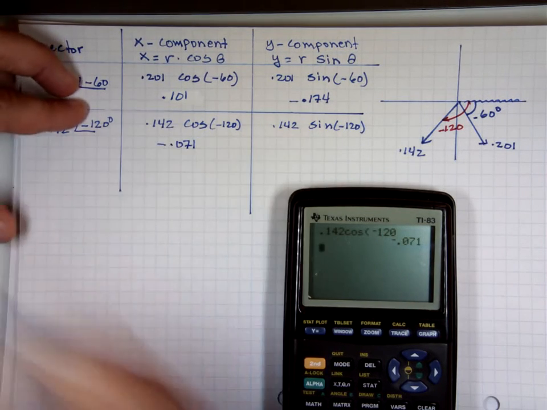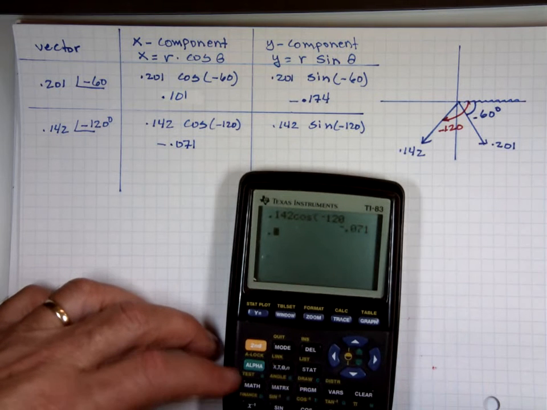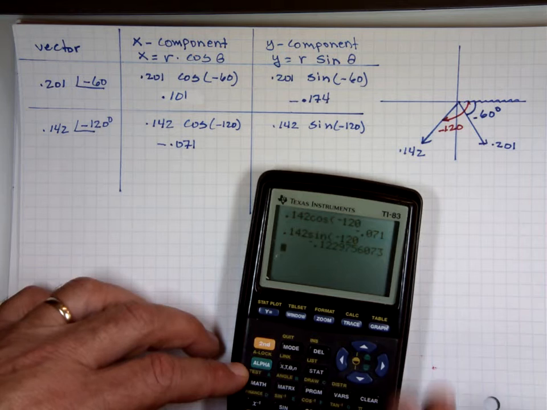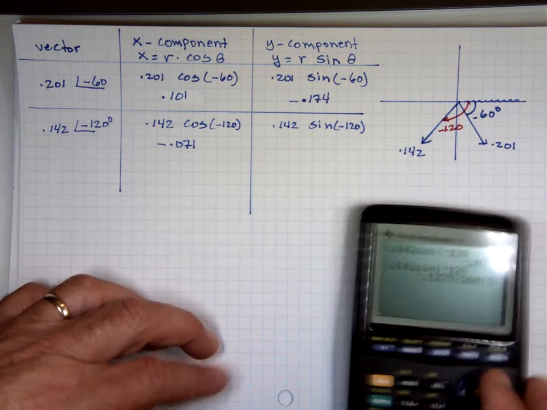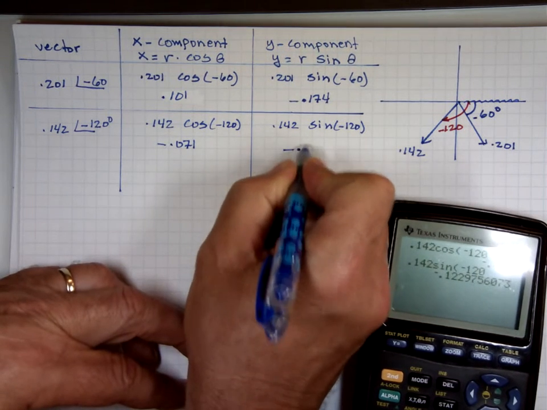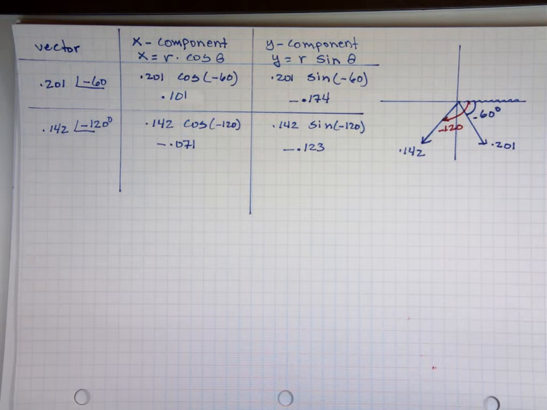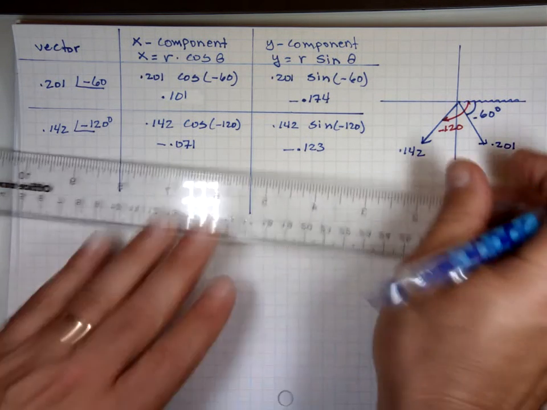And 0.142 sine negative 120, negative 0.123. So we always broke the vectors into x and y component for each one.